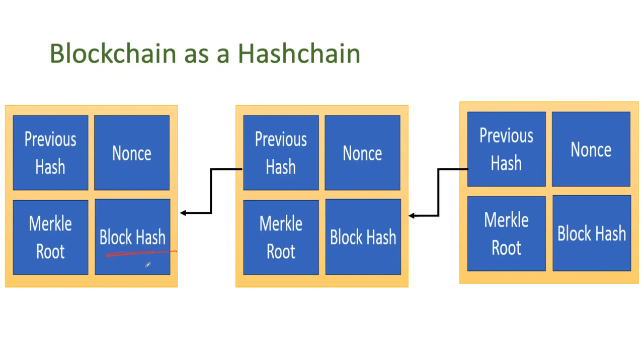And this current block hash value comes from your Merkle tree. If any change happens in this block hash value, that will reflect in the Merkle tree.